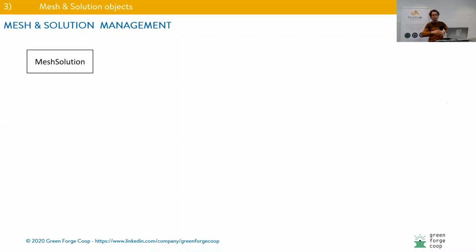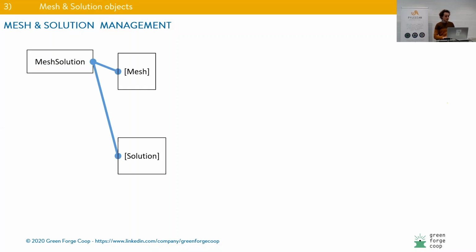To start with the more general object we have developed right now, we have defined a class MeshSolution. As its name implies, it's made to contain both mesh and solution together. So we can make any plots by knowing both, make the link, and have methods that work on both at the same time. Of course it contains mesh and solution.